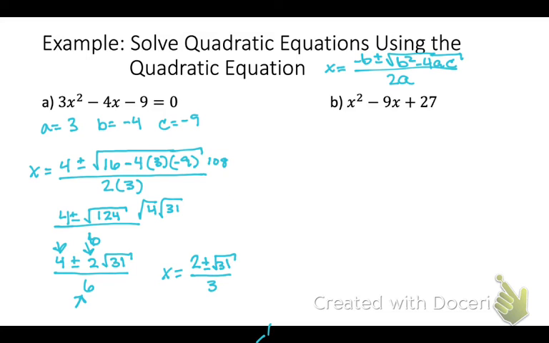Okay. So, I want you to try that one on your own. x squared minus 9x plus 27. This assignment today is about remembering the quadratic formula. Because everyone can plug it in, right? I would assume.